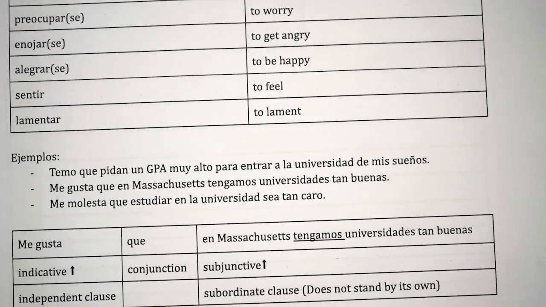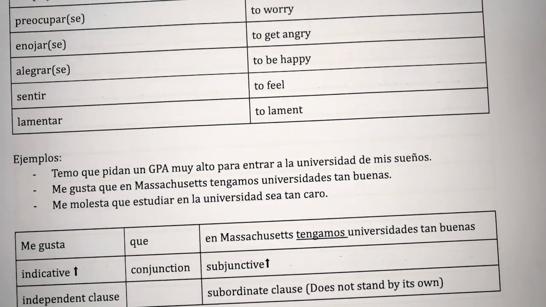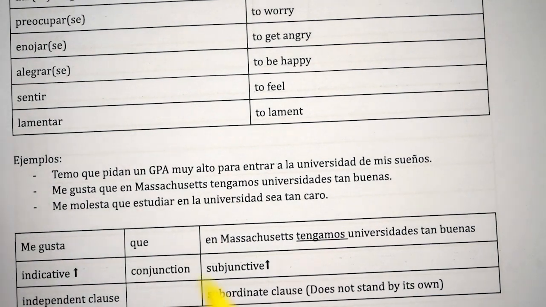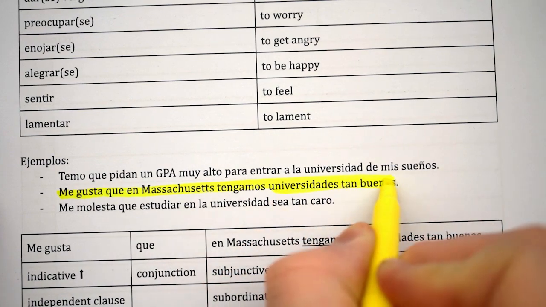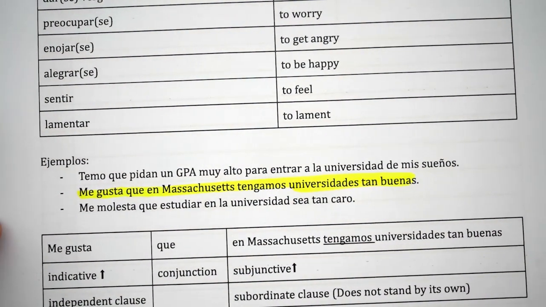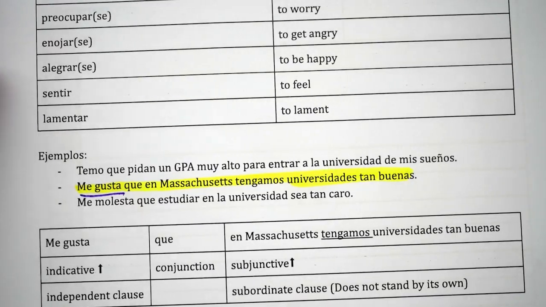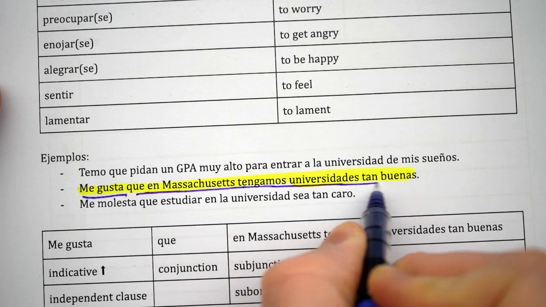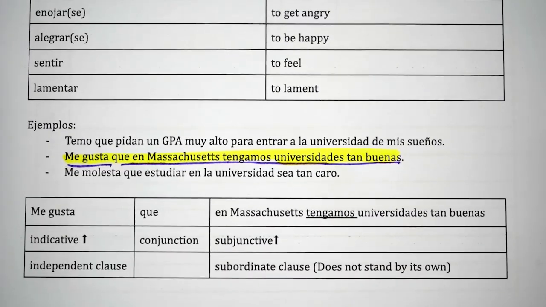And let's go for an example. For example, in the sentence, me gusta que en Massachusetts tengamos universidades tan buenas, I'm going to divide the sentence in the me gusta as an independent clause and que en Massachusetts tengamos universidades tan buenas, which will be in the subjunctive.